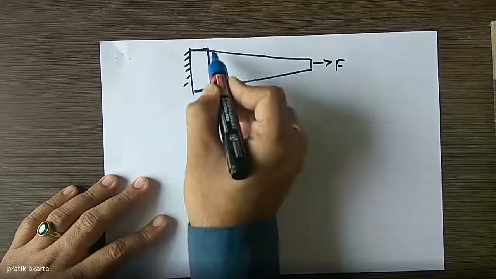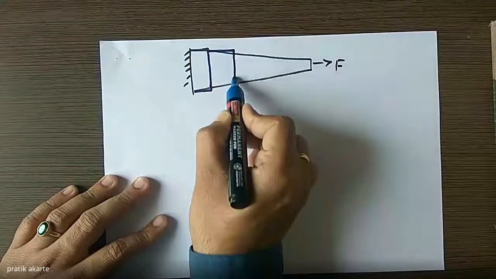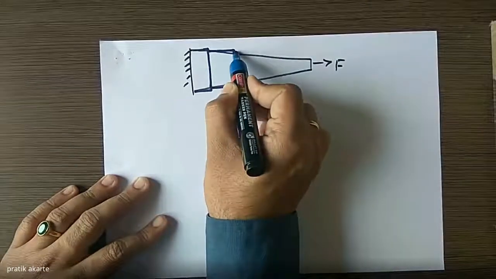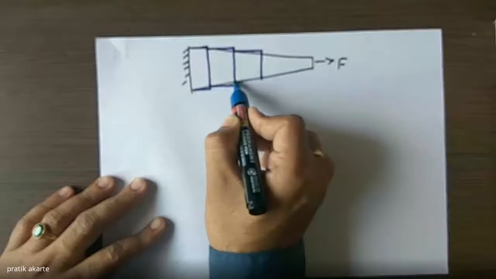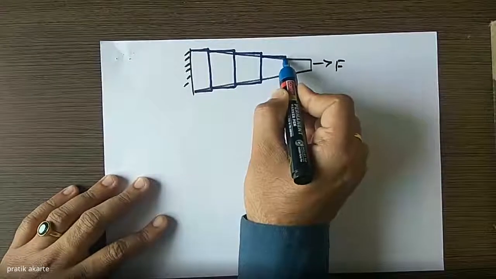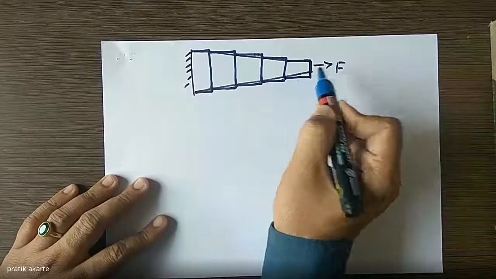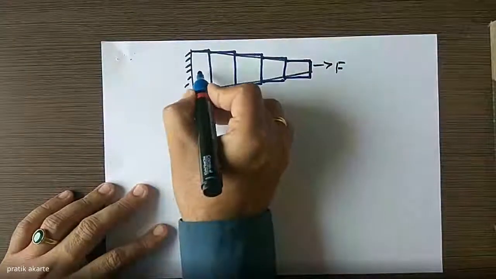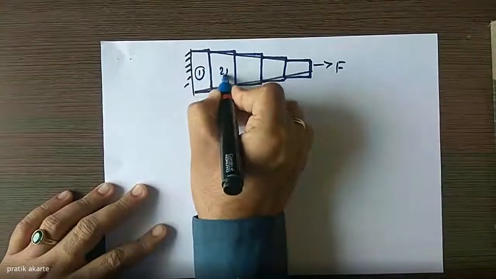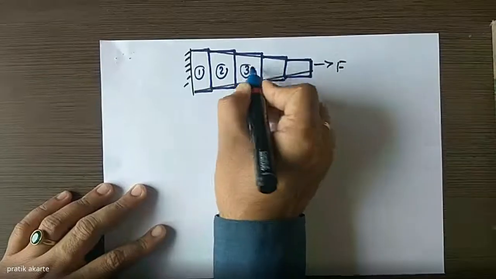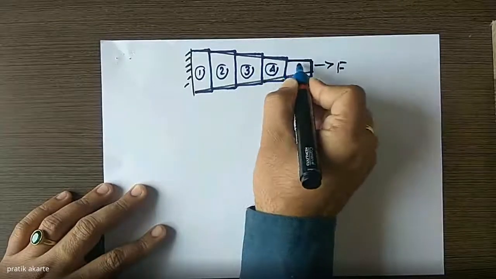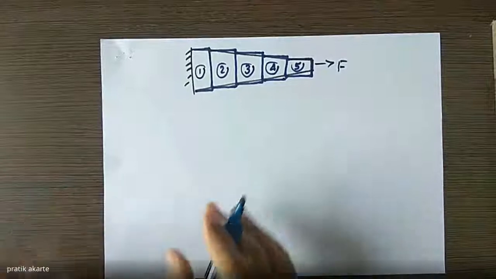This is my one element, second, third, fourth, and fifth. So this bar I have discretized into 5 elements.